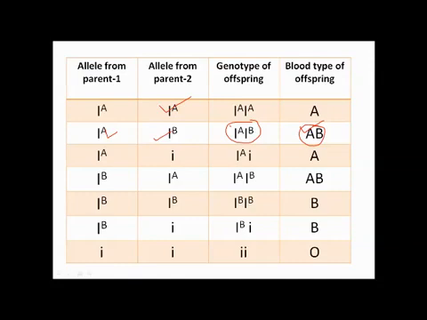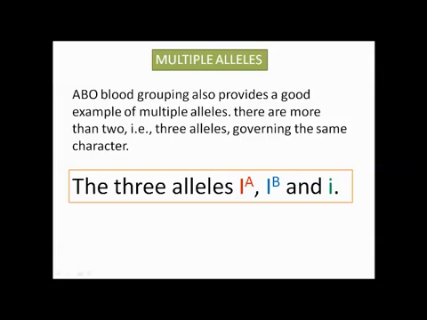So this blood group clearly shows the process of codominance, where both the alleles are expressed and the expression is seen in the form of blood group AB. So this was codominance.